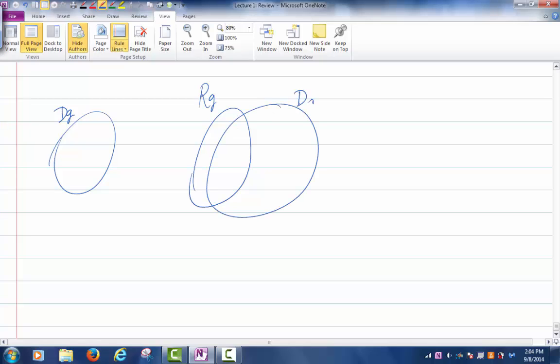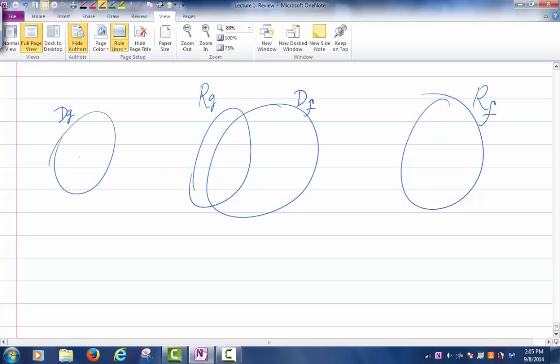That's the domain of f. And of course then you have the range of f. Is everybody clear what I mean by the range of g and the domain of f? Okay. So notice that the domain of f and the range of g, they have a common area, right? So those are the common values in the two sets.